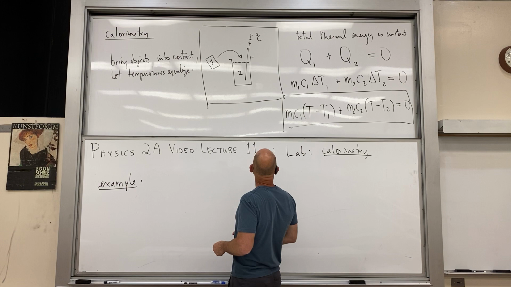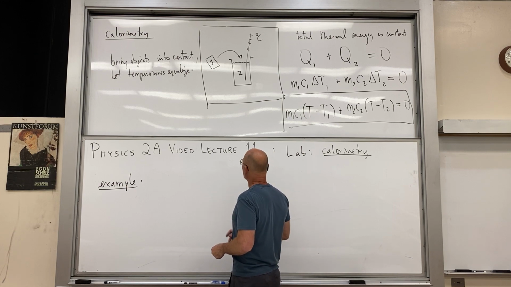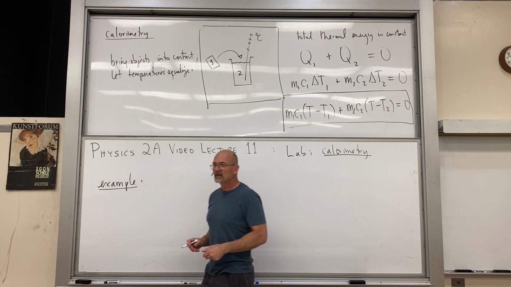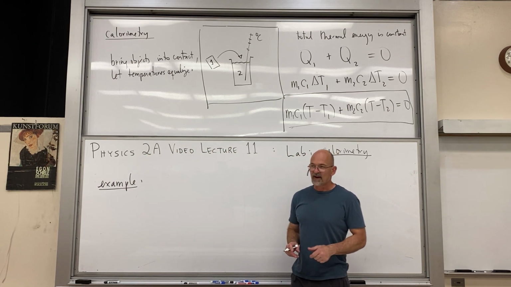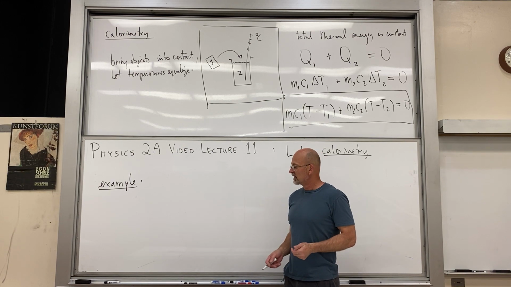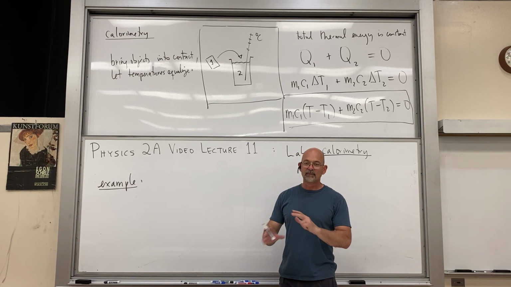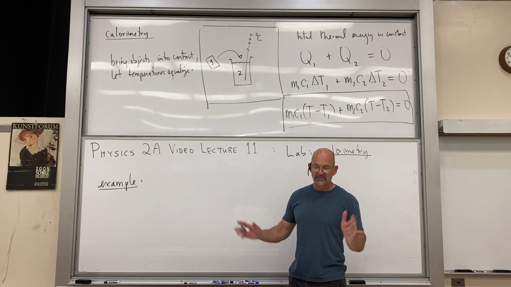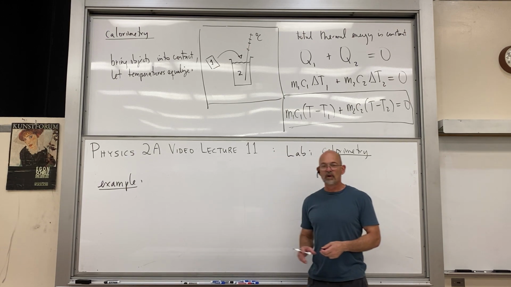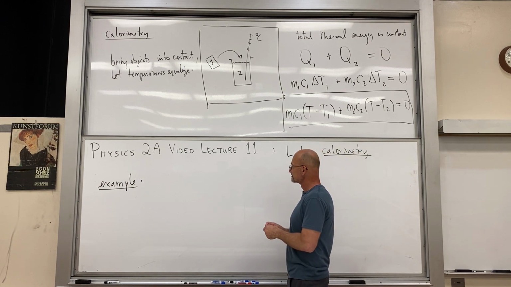I'm going to mention something about these specific heats. They're kind of wild numbers, 4186, 800, 350, and so forth. On the exam, I can just make up some clean round numbers, and we can do the same kind of problems that way. So the idea always is no calculator, right?